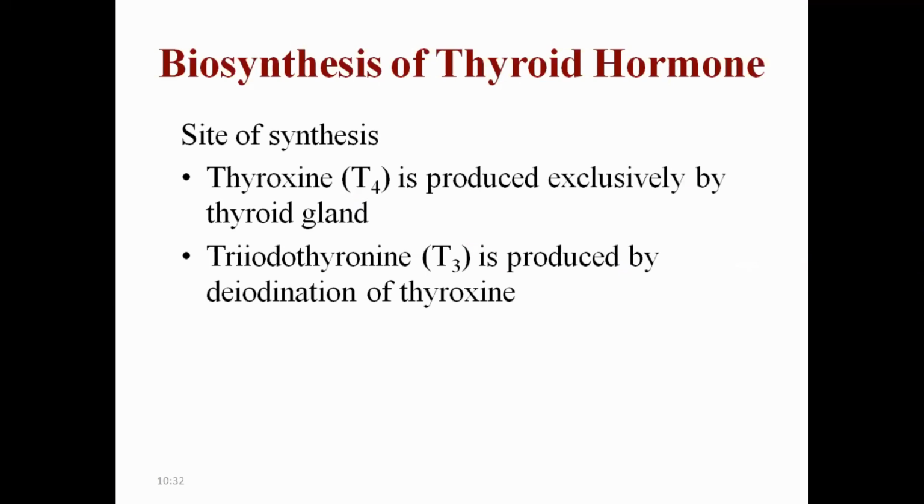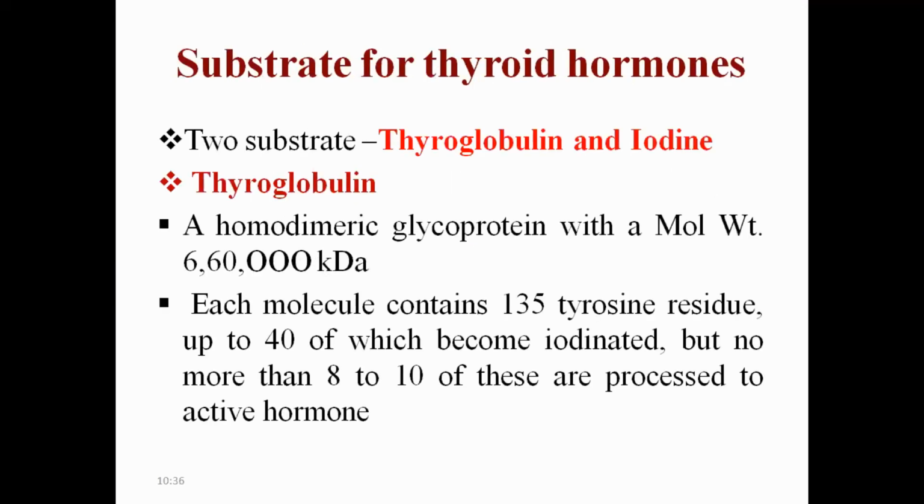One is thyroglobulin, which is a protein that contains predominantly tyrosine residues, and on those tyrosine residues iodine gets bound, that is the organification, to form the thyroid hormones, T4 and T3.